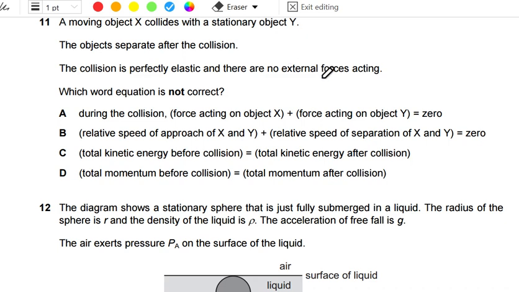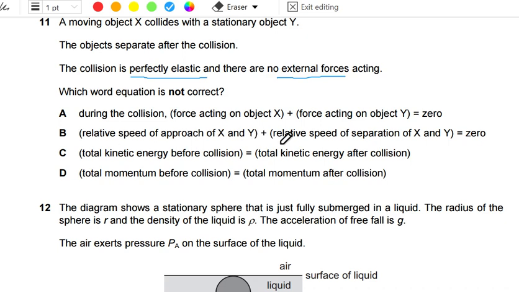We have here perfectly elastic, and we have no external force. Okay, so kinetic energy is conserved and momentum is conserved. So what is not correct will certainly not be C and will not be D. And it is also not B, because the relative speed of approach is equal to the relative speed of separation.